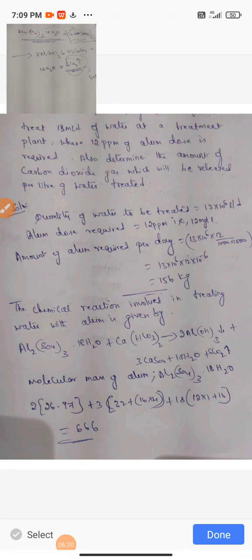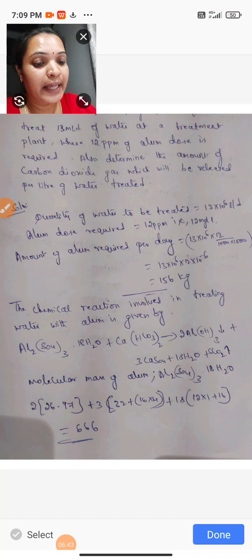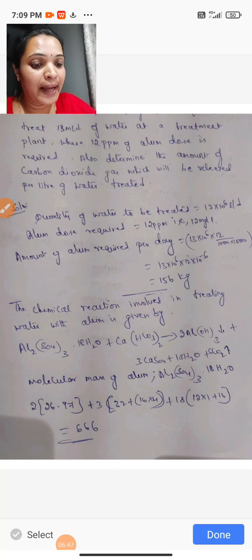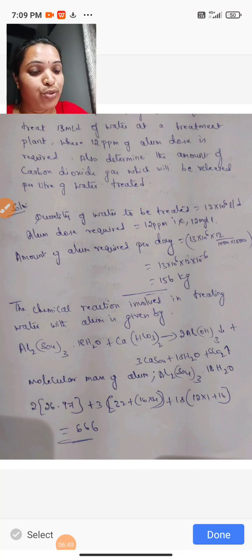When we solve this type of problem, we have to know the alum reaction. The alum formula is aluminium sulfate, Al2(SO4)3, with 18 H2O. Say once again the formula: alum is Al2(SO4)3·18H2O.